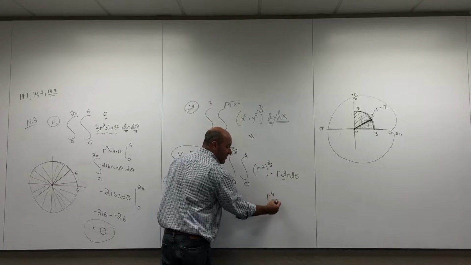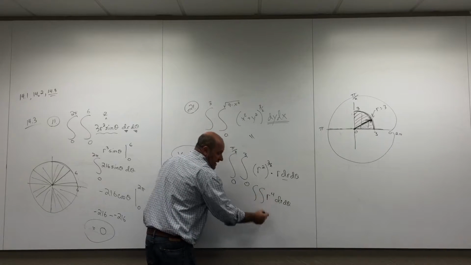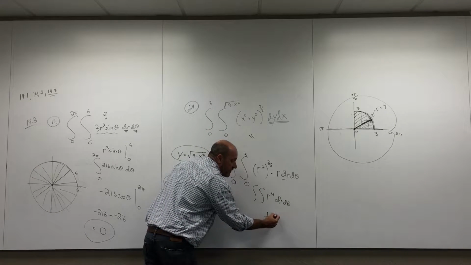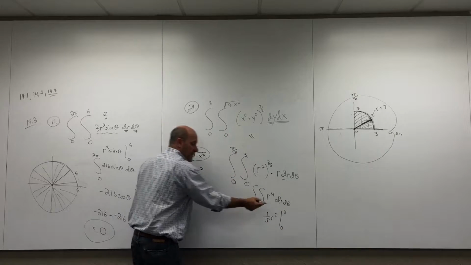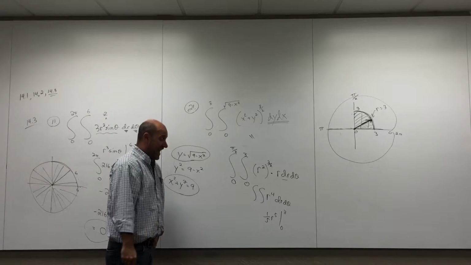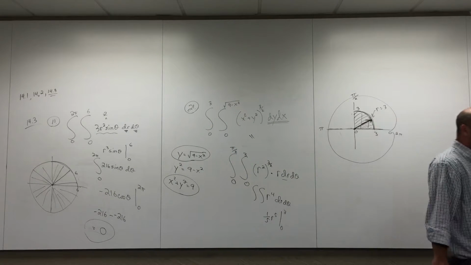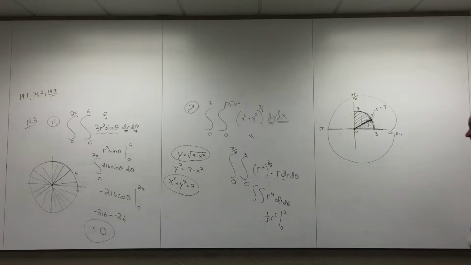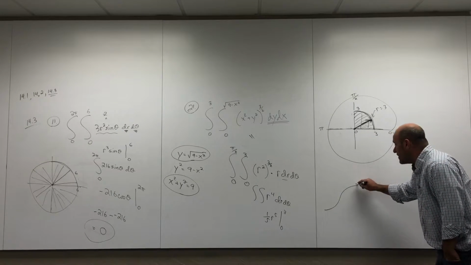So this is really an r to the 4th sitting here. And I want to integrate it. I guess it's 1/5 r to the 5th. From 0 to 3, you plug in your 3. You get 81/5. No, that's not right. 3 to the 5th, I did that wrong. 3 to the 5th is 243, I think. You get 243/5.